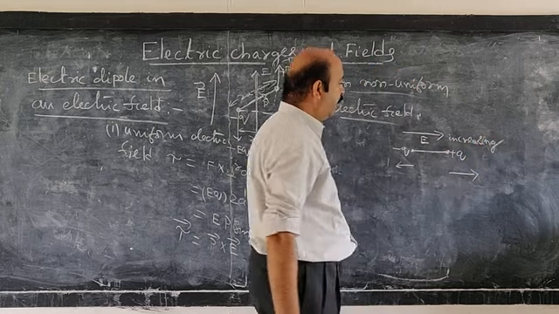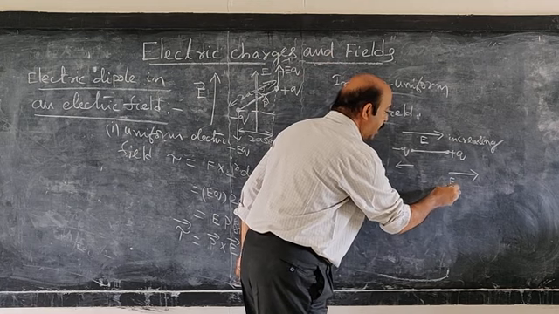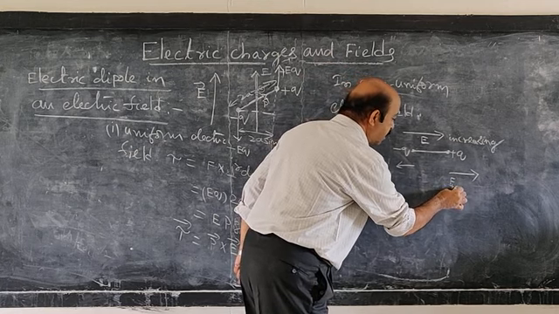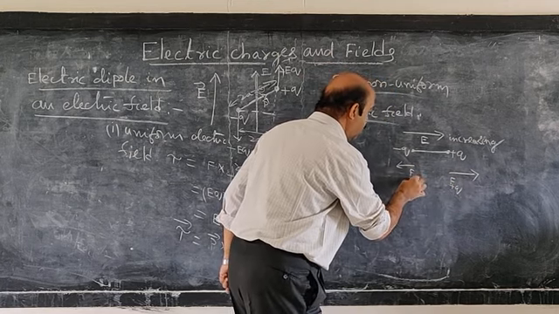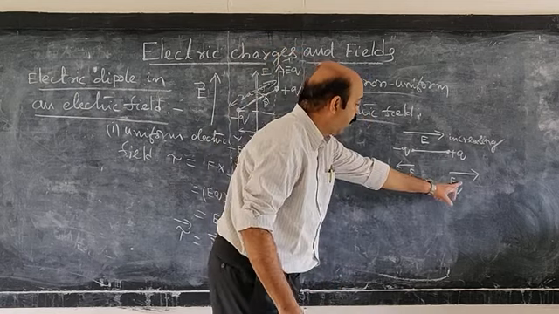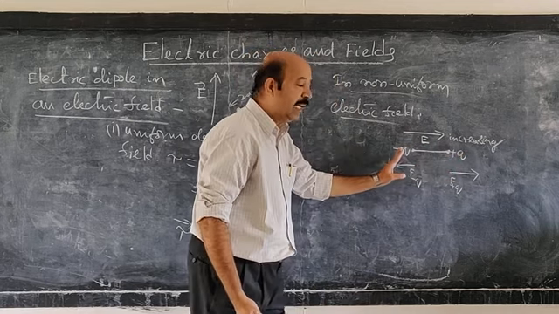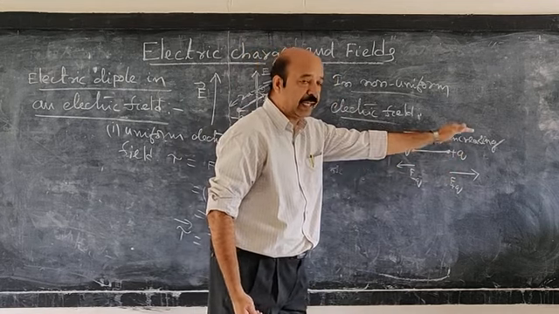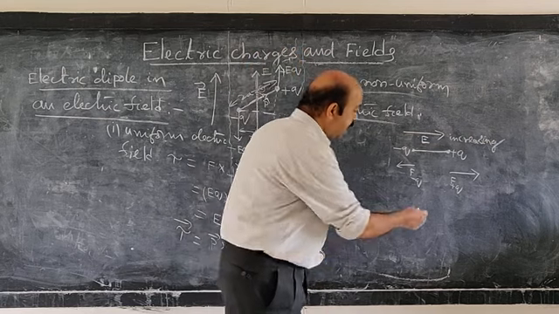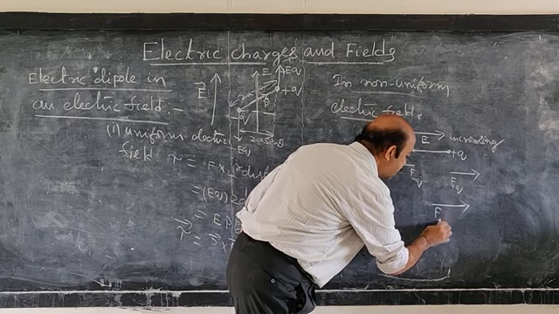Since the force on plus Q is in the increasing direction, and this is the direction of the force on minus Q, here this force is greater than this. The reason is the field here is more than the field here. Increasing direction is like this. Therefore, the resultant force will be in this direction, F resultant.